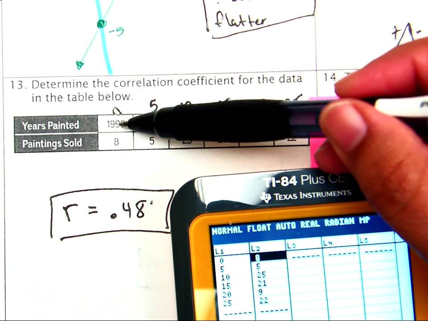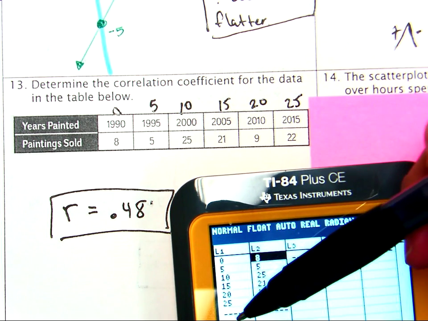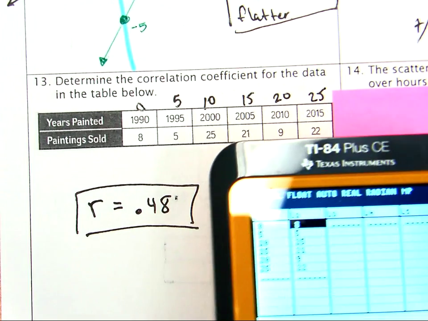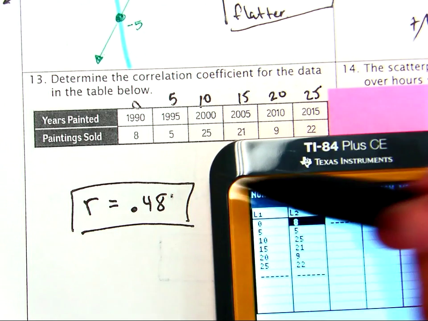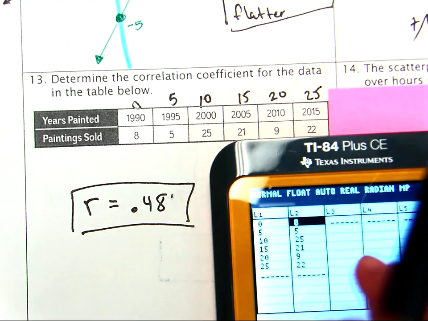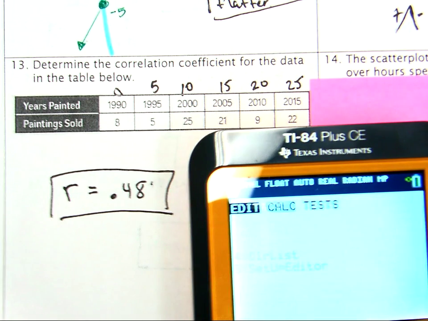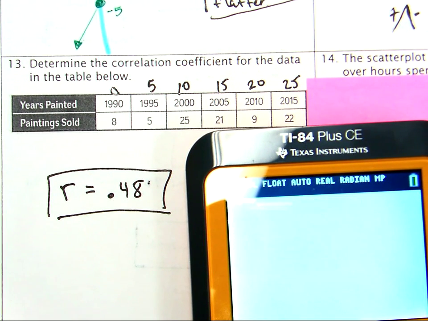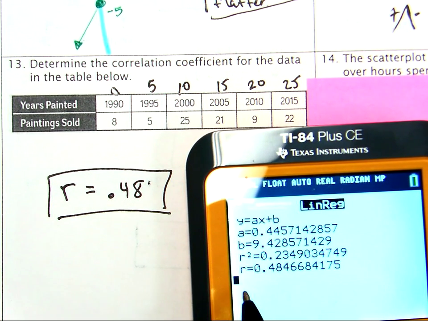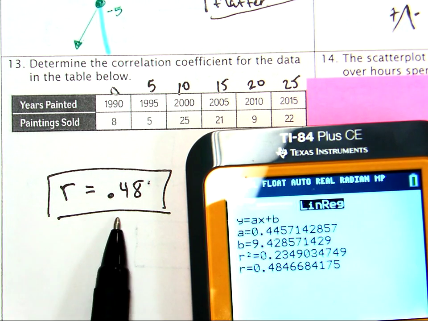So I put 0 through 25 by 5s. Then I put L1, I put all the y's. And then I do stat over 4, and I enter 5 times. Remember, the R is the correlation coefficient. So you're looking for the R. That's 0.48, and that's where that number came from.